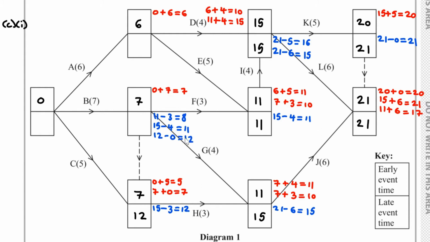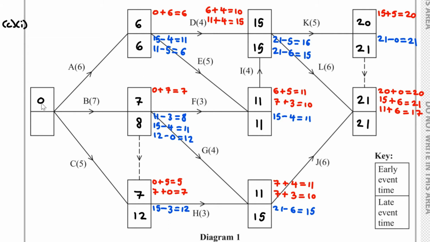Turns out here we get 12. So here we write down the 8. And if we work backwards to get to this point, we either have the option of 15 take away 4, which is 11, or we have 11 take away 5, which is 6. So we choose the 6 to go here.